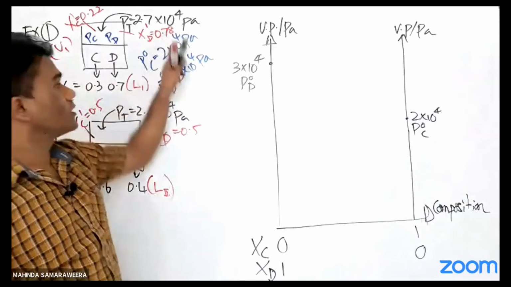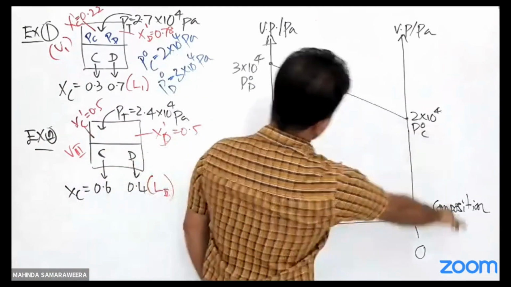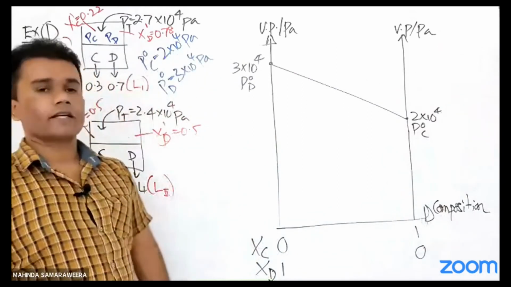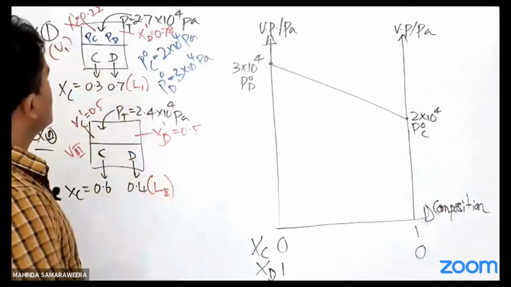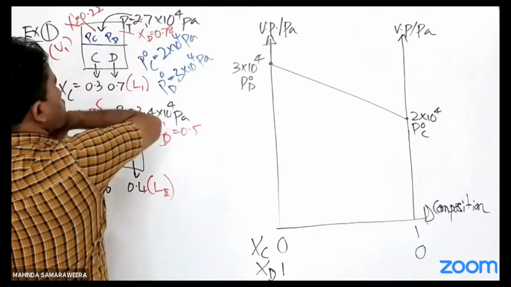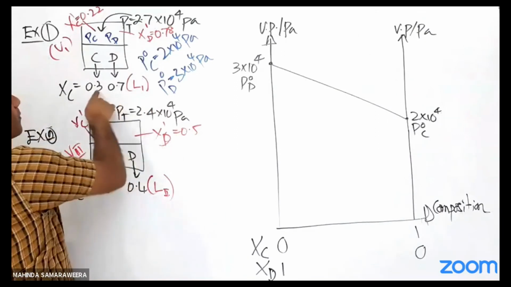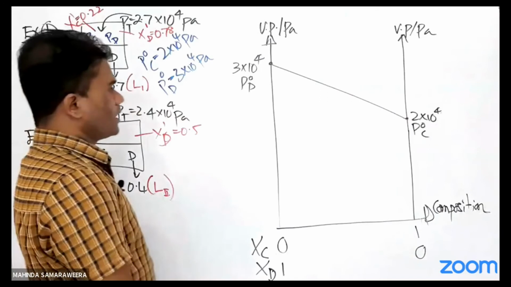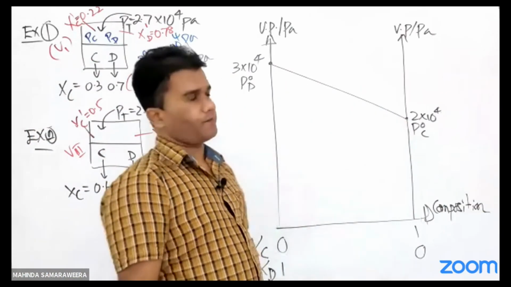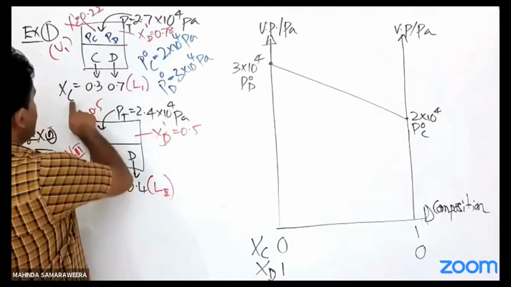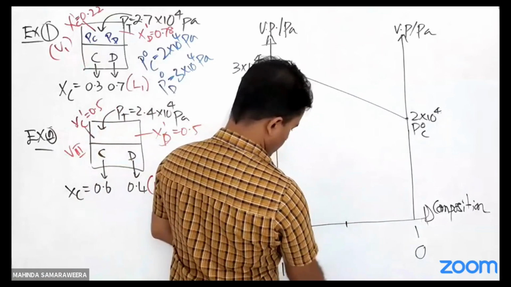Total vapor pressure is given by this straight line. I go to the first system, total vapor pressure 2.7. In that case, mole fraction of C in liquid phase is 0.3, and D 0.7. I told you this line represents the composition in liquid phase. XC 0.3. Let's see XC here, somewhere here 0.5.